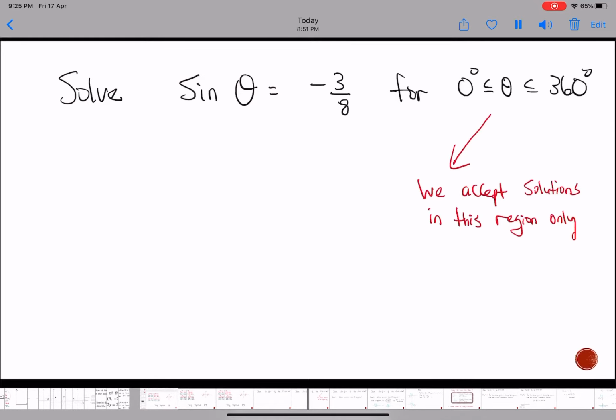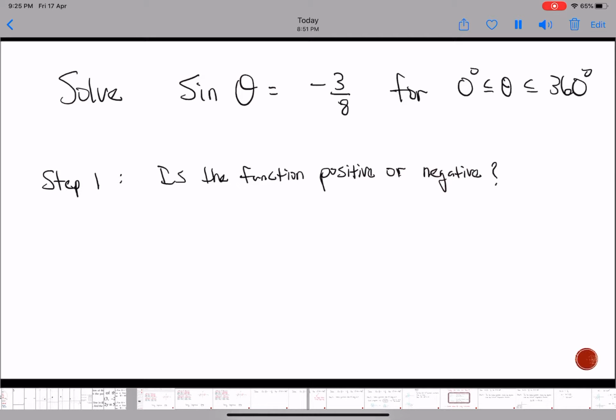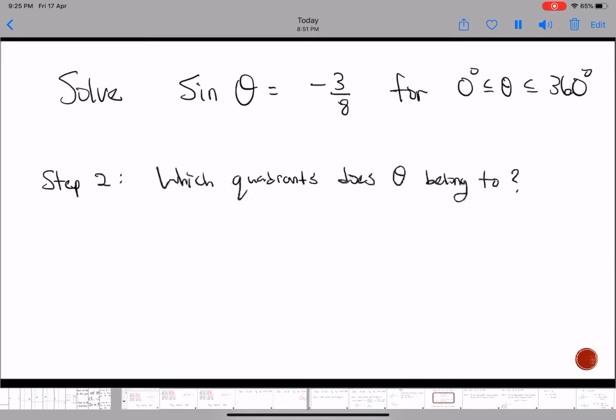Okay, now the first step, is this a positive or negative? Sine theta equals to negative 3 over 8, so of course it's negative. Next one, which quadrant does theta belong to?